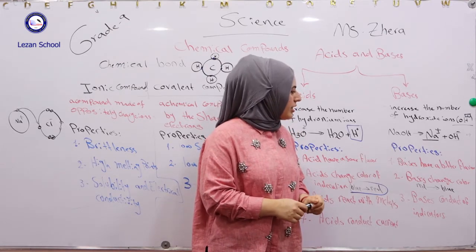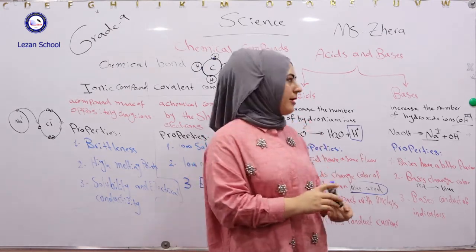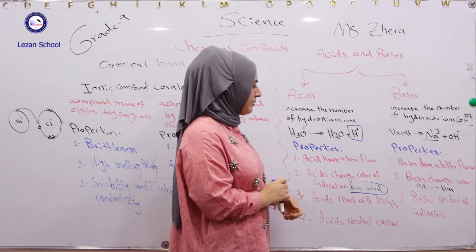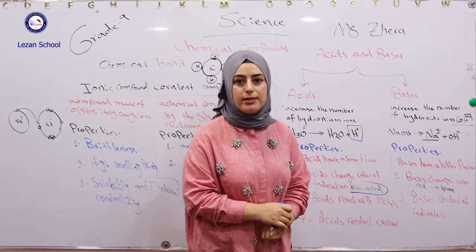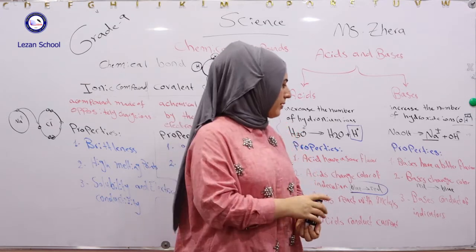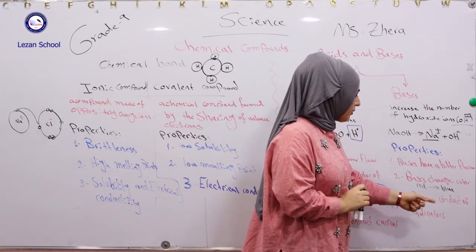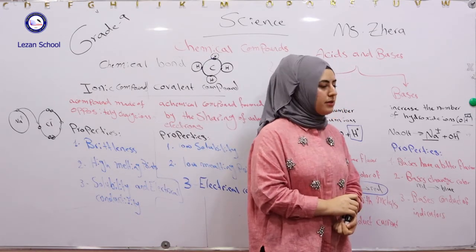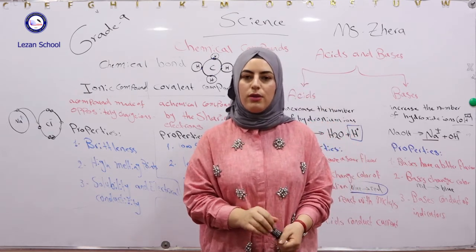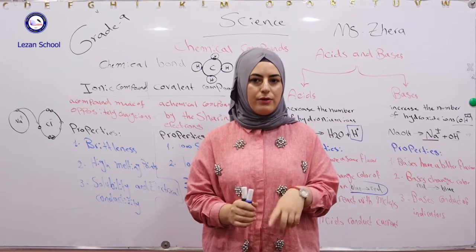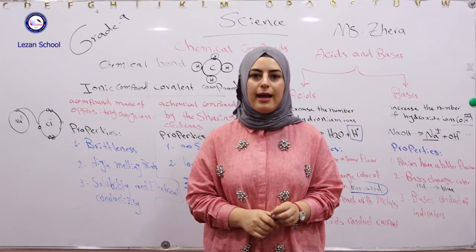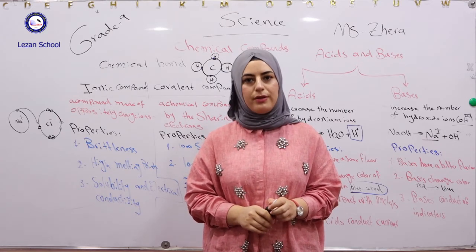Number two, bases change the color of indicators. Like an acid changes litmus paper from blue to red, a base does the opposite, changing red to blue. Number three, bases conduct electricity. A base can be dissolved in the water and produce charged ions, so it can conduct electricity.